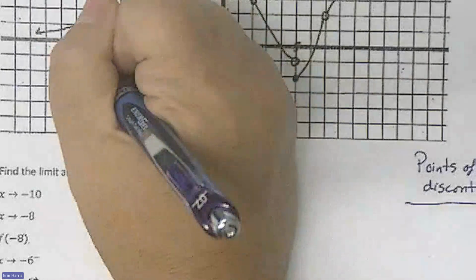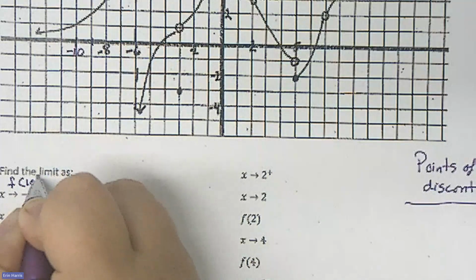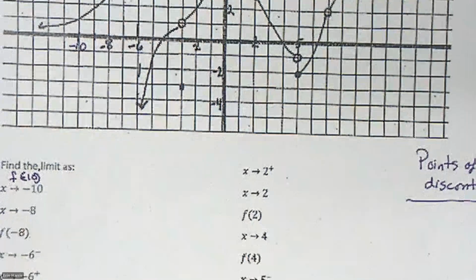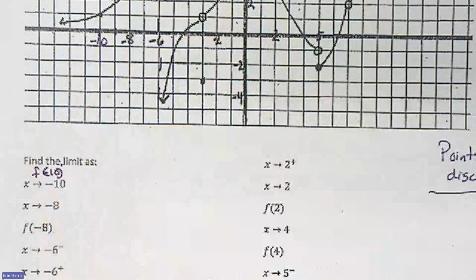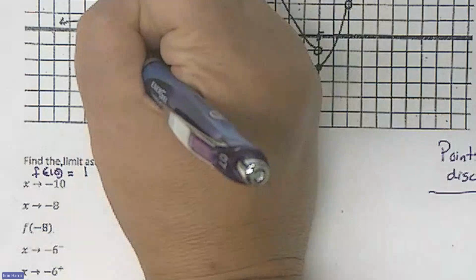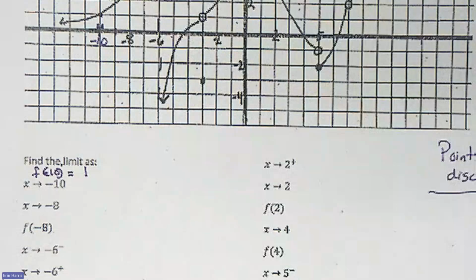So here, if I looked at -10, I'm going to zoom right in here. Now I didn't ask you this, but let's write it up above. What's f of -10? Right? What's the functional value at -10? That would be 1, positive 1. And if I took my little guy and stood my person really close to -10, so I stand at -10.000001, or I stand at -9.9999999, so I'm really close to -10, what would I see functional values close to?